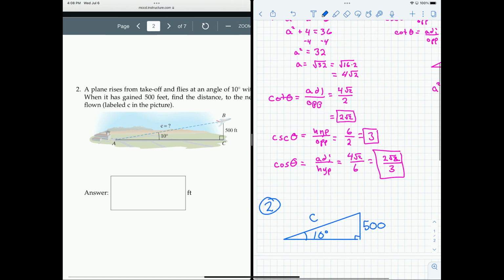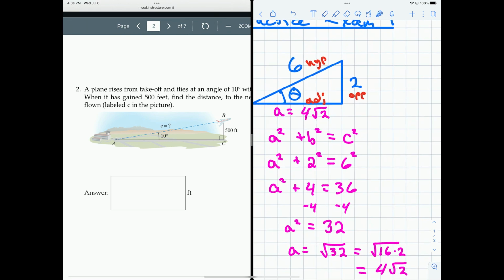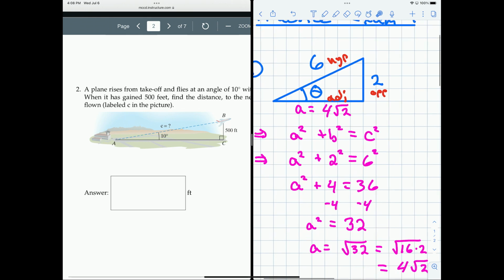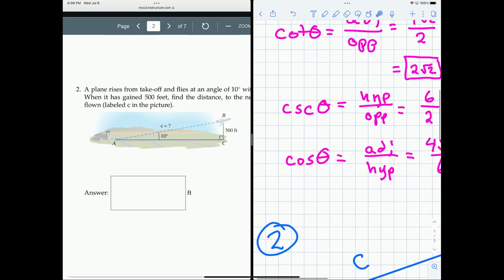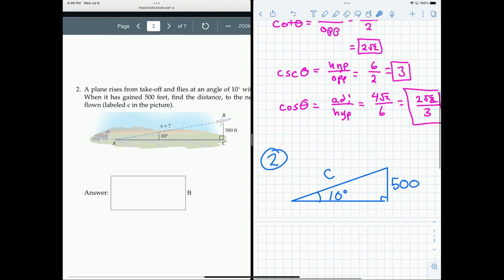And you can't just use the Pythagorean theorem. Here we could, because we knew 2 sides and were only missing 1, so we had 2 numbers to fill in and only 1 variable. If you tried that with this triangle, we would be stuck because we're missing 2 sides, A and C. We only know the 500.